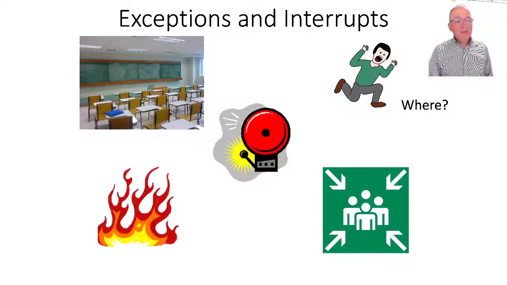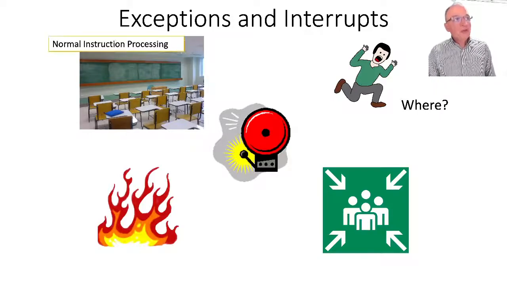How do we map this normal real-life situation to the execution of programs in a computer? The lecture happening in that classroom is the normal instruction processing. It's the instruction processing that you have been writing all along. That is, you write the code and you tell the program to run it, and that is the normal processing.